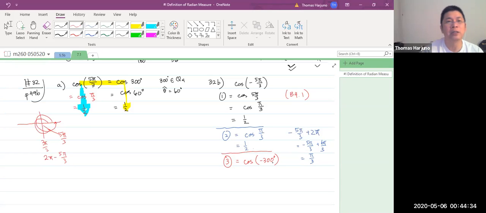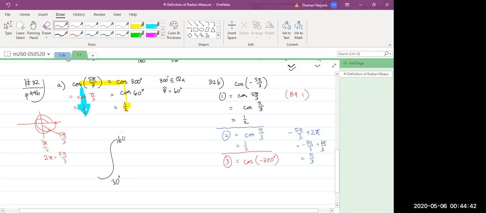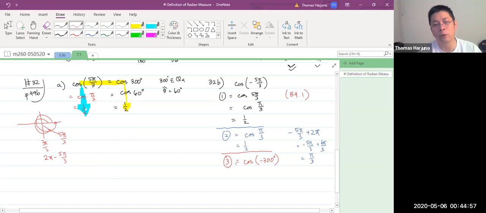Imagine, if you happen to learn integration before, they do integration from 30 degrees to 60 degrees. No, it's not doable. When you do integration, it has to be real numbers. It cannot be degrees, ever. Not doable. Yeah, but at this level, if you want to do it this way, fine.